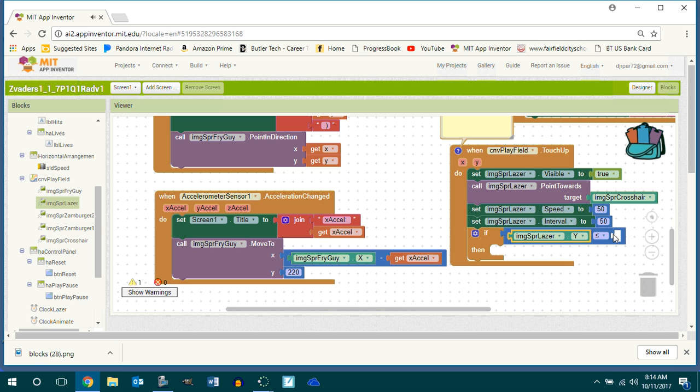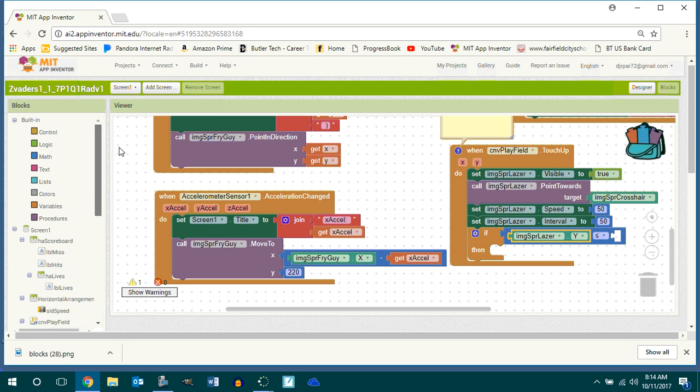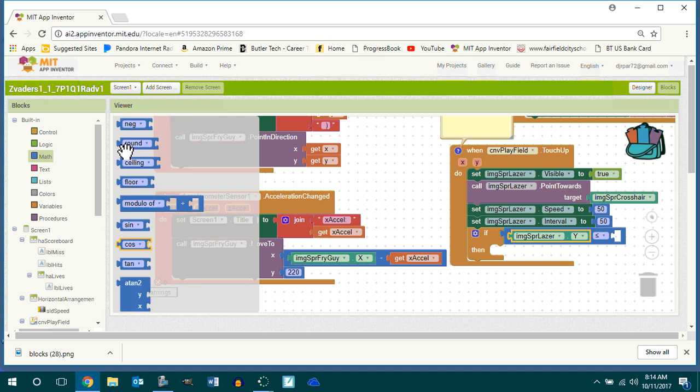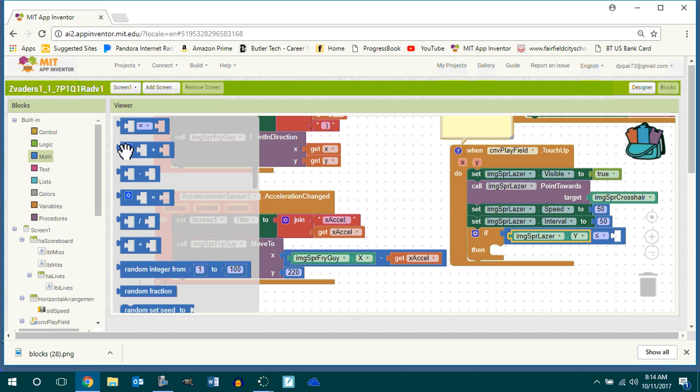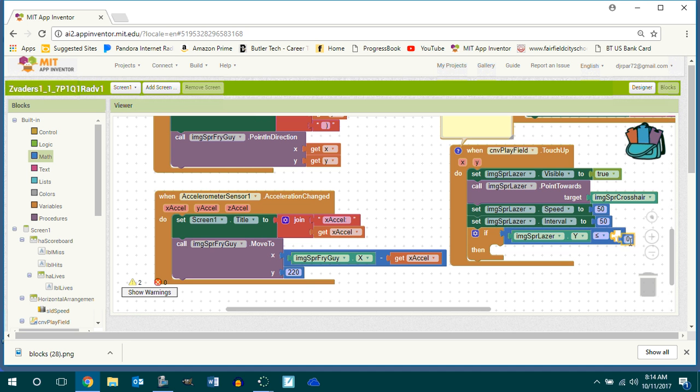If the Y is less than or equal to 0, does everybody know that 0 is the top of the page? So if I reach 0, what should happen? Okay, so good. Yeah, become invisible. So your visibility should be off. We missed that. We missed, right?